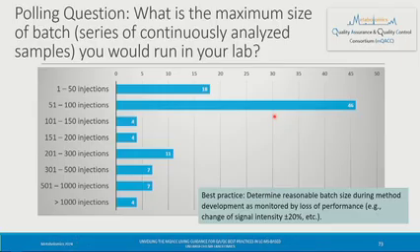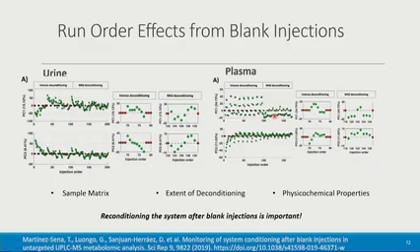Again, sorry, let me back up for a second. This is just one thing to be cognizant of while you're developing your methods, so that you check it out. Is it an issue? If it is a problem, don't do it. If it's not a problem, you can put blanks in between your samples and it's no big deal.